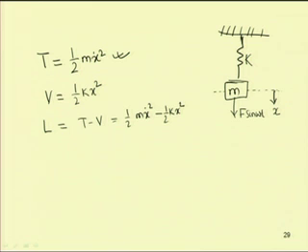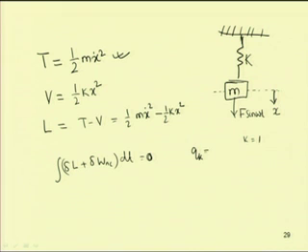If we apply the extended Hamilton principle, we can write the equation of motion in this form: the integral of del L plus del W N C dt will be equal to 0. Here q k with k equal to 1 only, as this is a single degree of freedom system, so q k equals x.